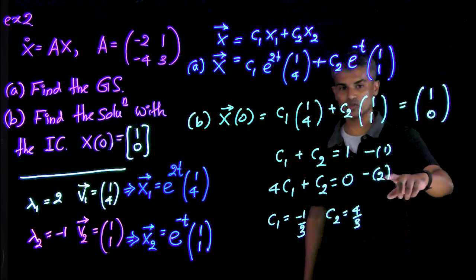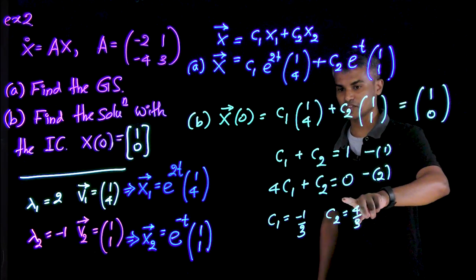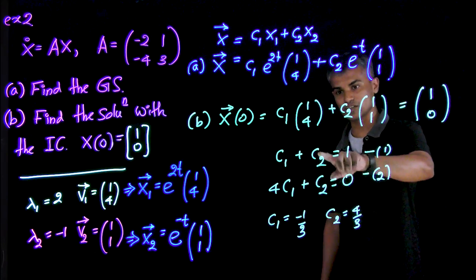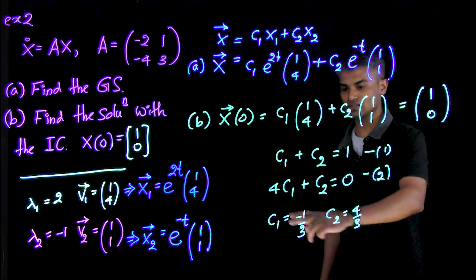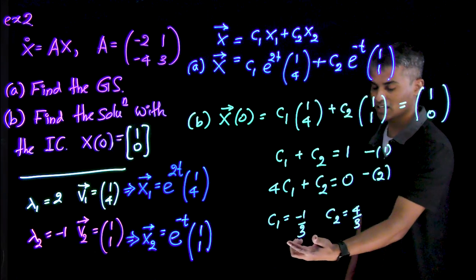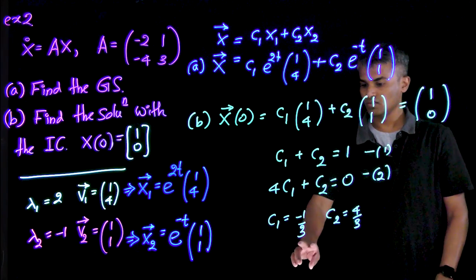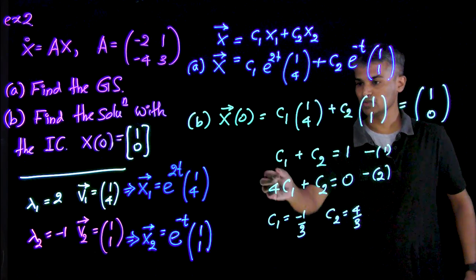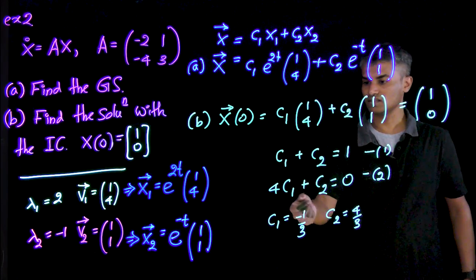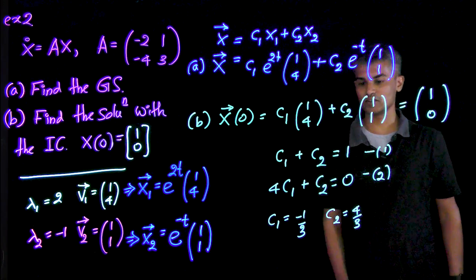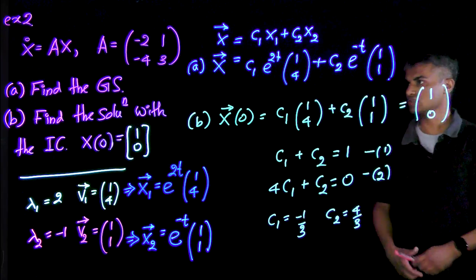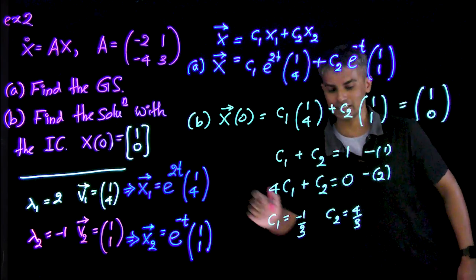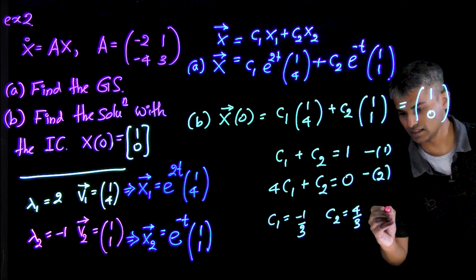If you want, you could subtract equation 1 from equation 2, then you could eliminate c2, and you will get 3c1 equals -1, therefore c1 equals -1/3. Once we have the value of c1, using the first equation, we can calculate the value of c2, which equals 4/3.